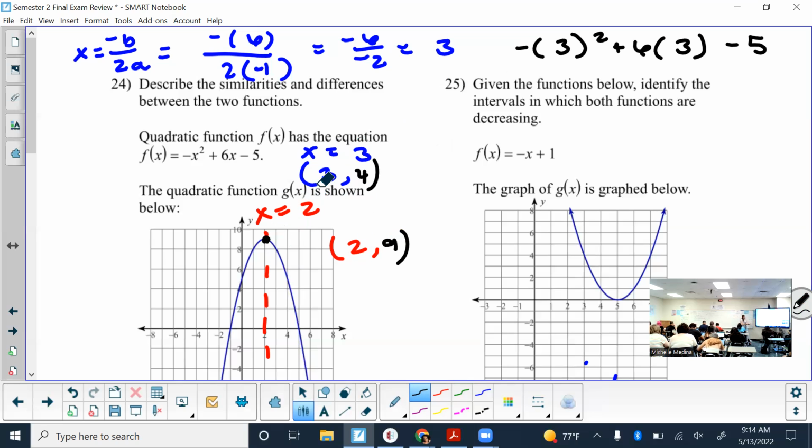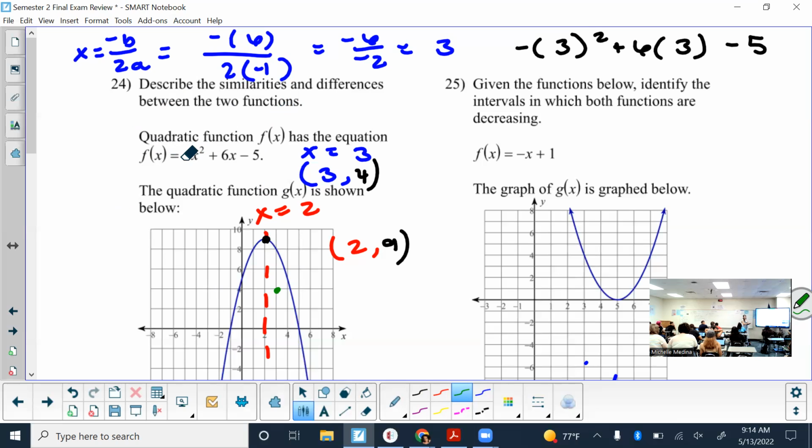So then compare them. Which one would have a higher vertex? The equation or the graph? The graph, because for the equation, it'd be like right here. All right. Do they both open the same direction? Like this one opens downward.